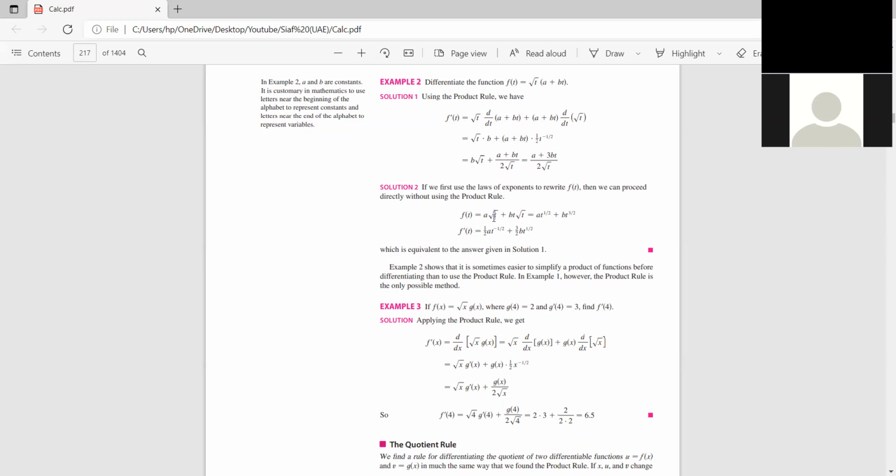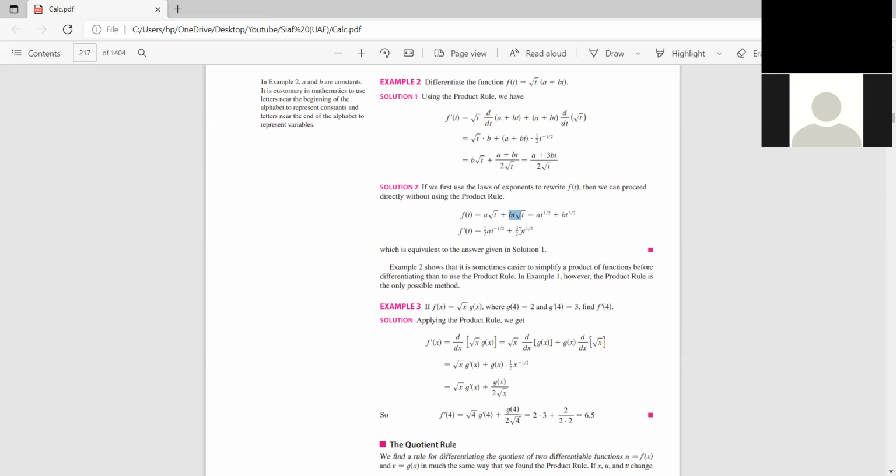And here a is the constant, and then they just took the derivative of square root t, and of bt square root t. They combined t and square root t and wrote t raised to the power 3 over 2, and then they just took the derivative. So there was no need to use the product rule if we just multiply square root t with the whole function.